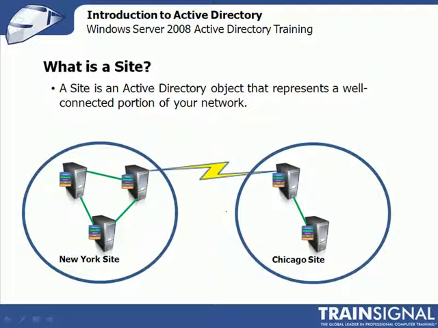The example I've given here is we have our New York site and our Chicago site. All the computers within the New York site, or we could say the New York location, that's another term we could use for site, a location so to speak, are all on a high-speed local area network. And then we have the Chicago site, and all of those computers are on a high-speed local area network.